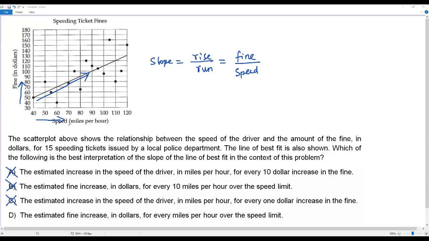It will never matter. We also consider the unit of speed, miles per hour, so the increase in speed has to be taken for every mile per hour. When you increase the speed of the vehicle by every mile per hour over the speed limit, the fine will increase in dollars. That's exactly what is given in option D. So this is the best interpretation of the slope, and the correct answer choice for this question is option D.